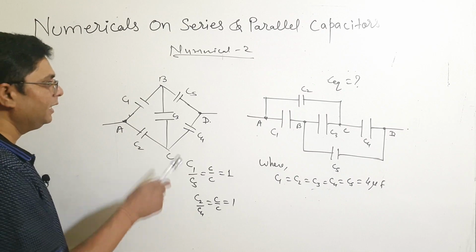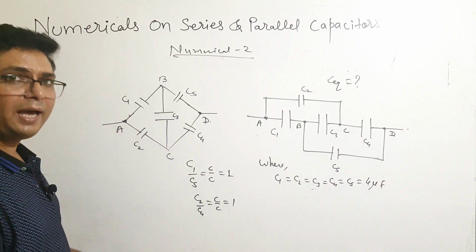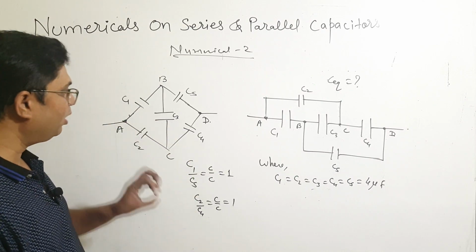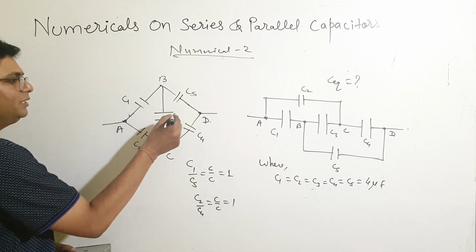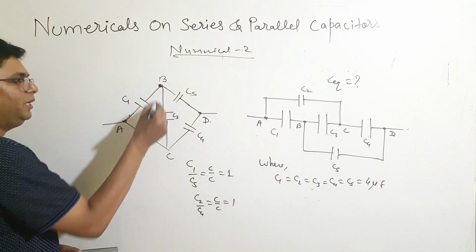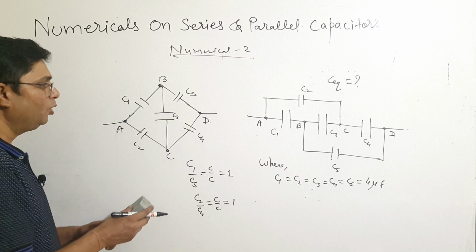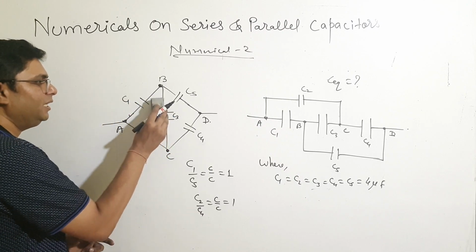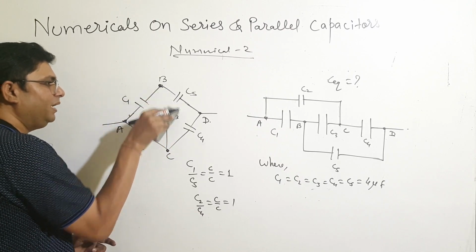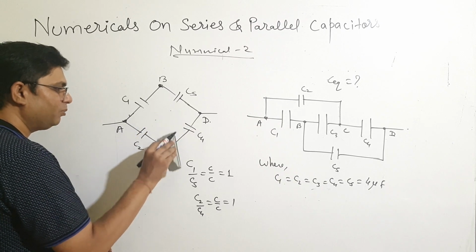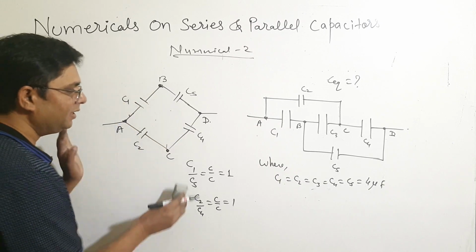This means that this is the balancing condition, and in the balancing condition no current will flow towards C3, because the potential at B and the potential at C will be the same. So this capacitor is meaningless here. We omit this capacitor in the next step. So now the new circuit diagram is like this.